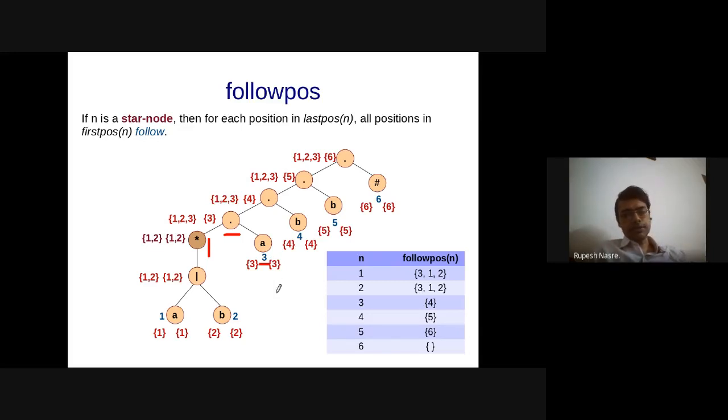That's what it means. And that was what our regular expression was, A or B star followed by ABB. So that is what it is indicating. Any questions on this one?